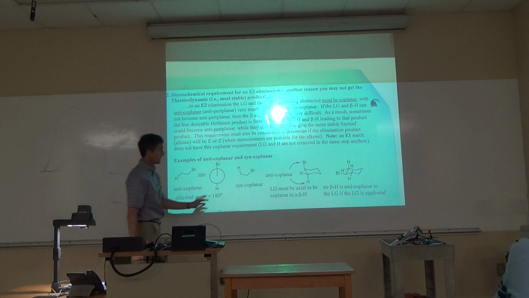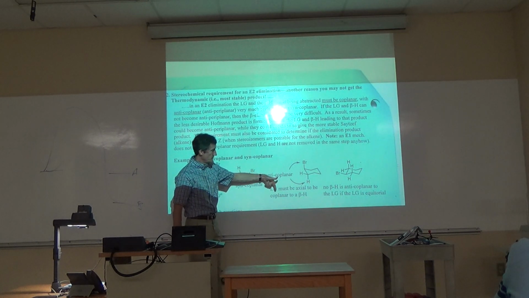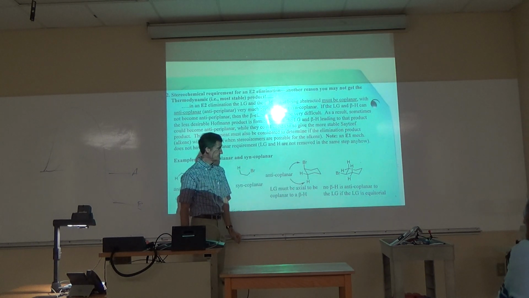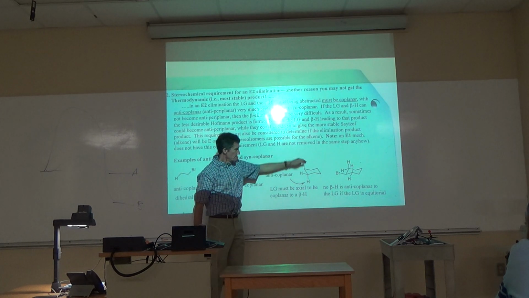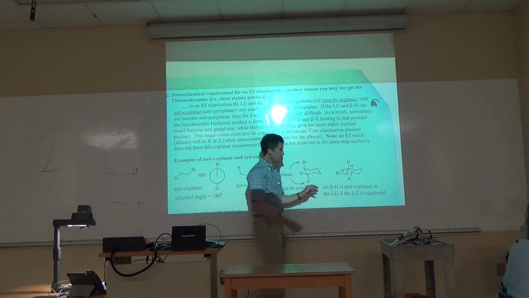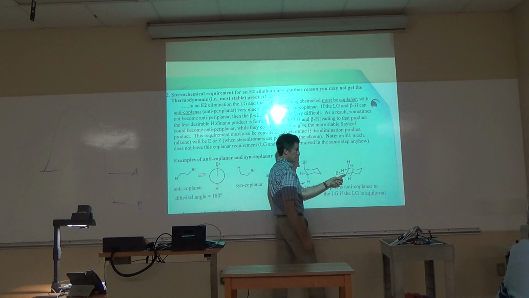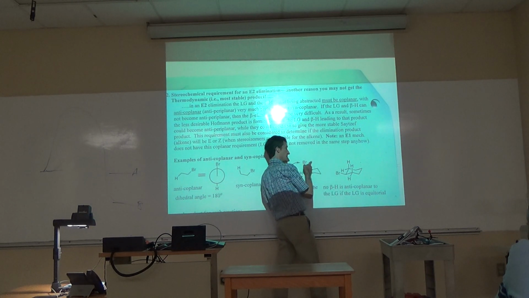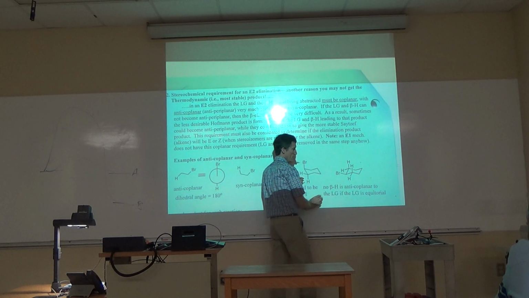That gives us a take-home. The leaving group must be axial to be coplanar to a beta hydrogen. So here the bromine is axial, and that H is straight down, the bromine is straight up. Here the bromine is this way. Do we have an H that way? No. We also don't have an H directly this way. None of these H's are coplanar.